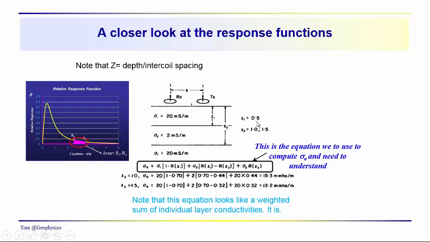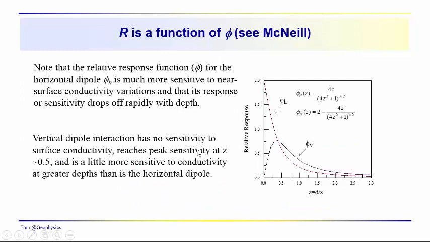And in this case, we have a setup similar to what we worked the last time. So the relative response function defines how the instrument responds to conductive layers at varying depths, or at varying values of Z, where Z is D over S. So Z obviously varies; a Z equal to 1 would be 3.67 meters for the EM31.